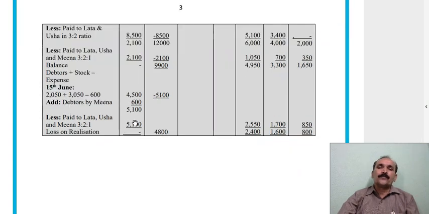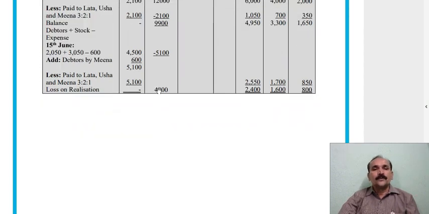After the payment to Lata, Usha and Meena, cash available is nil. Deduct 5,100 from total claim, balance due is 4,800. 5,100 is divided among all partners in the ratio 3:2:1: for Lata 2,550, for Usha 1,700 and for Meena 850.